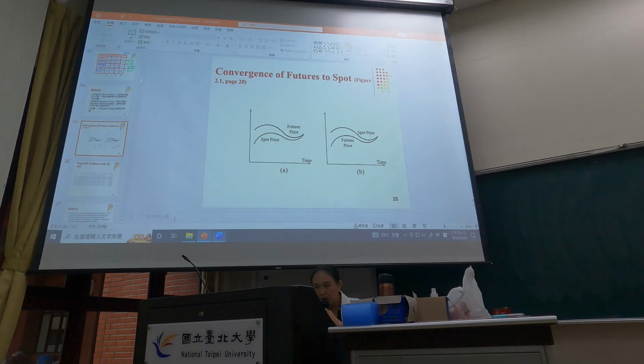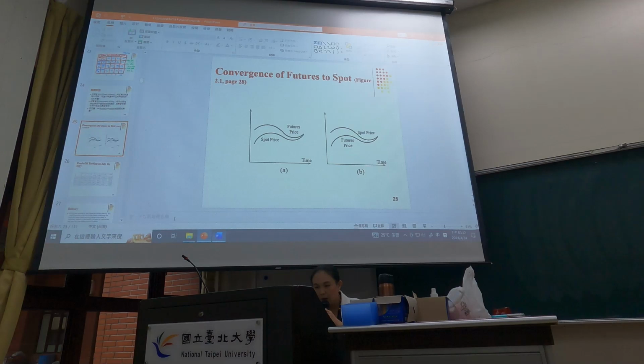Okay, but on the other hand, in diagram B, you observe a pretty different relation. You find out, standing at today, S0 is higher than F0, which is the opposite to diagram A, right? Okay, so this is not really a normal condition.